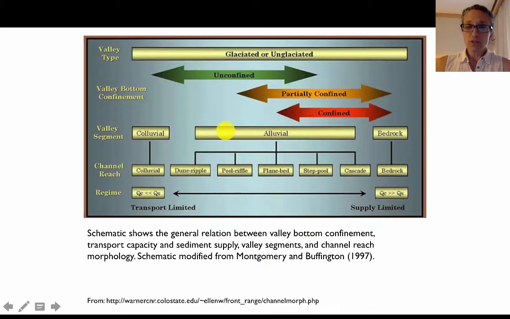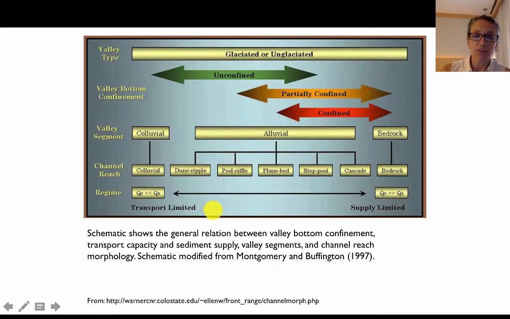Within the alluvial types, we may have dunes and ripples develop, the bed forms that we've talked about already, pool-riffle sequences, and then that washes out to plain bed, steeper step pools, and then cascades. And so this kind of helps show the continuum of those different types of larger scale geomorphic units in an alluvial channel.